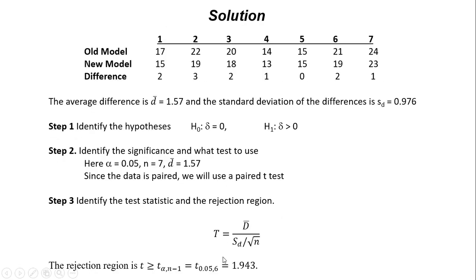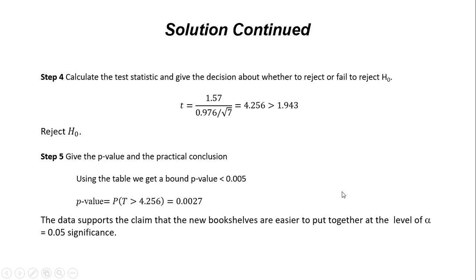So that's where this number comes from. It comes from the t distribution table. All right, step 4, we calculate t, so we substitute values into the formula, work it out, and we get 4.256, which is much greater than the critical value 1.943, so therefore we reject the null hypothesis.